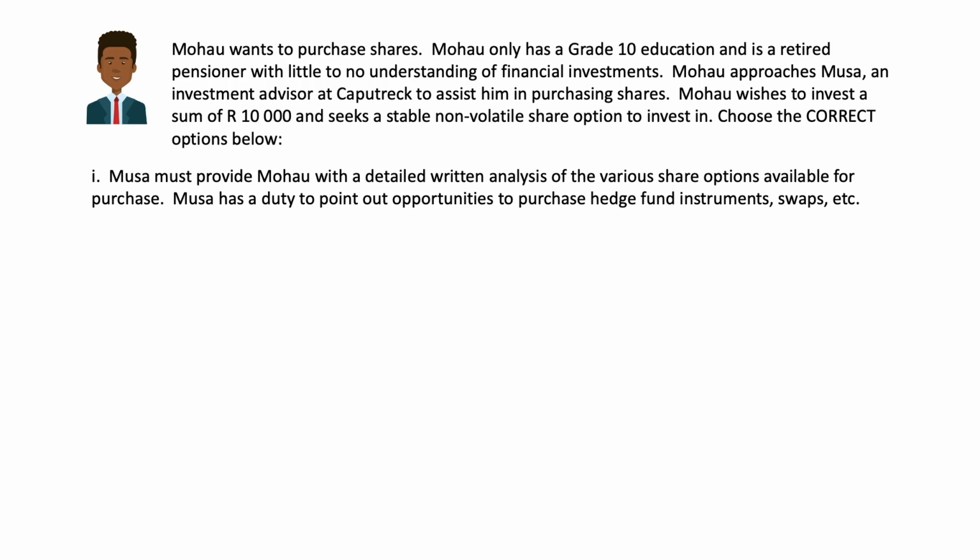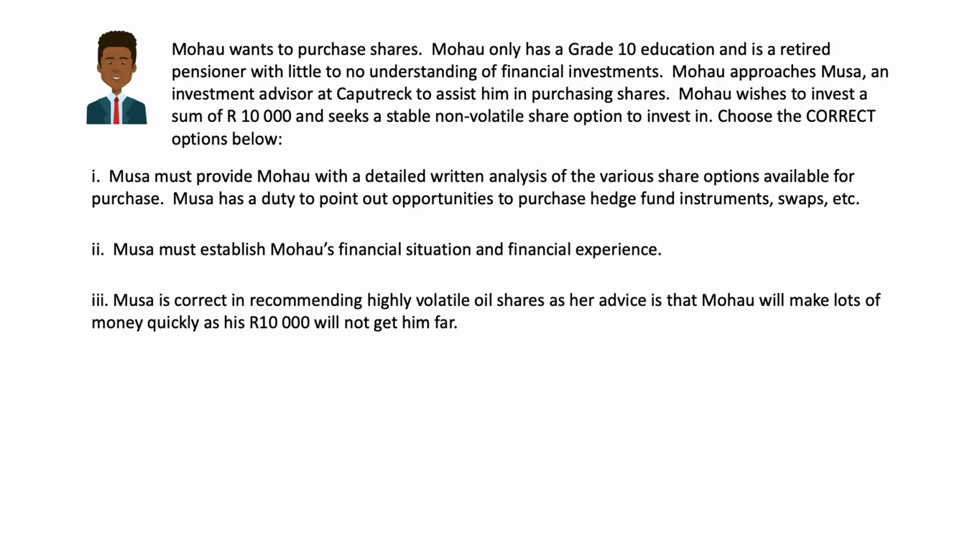1. Musa must provide Mohau with a detailed written analysis of the various share options available for purchase. Musa has a duty to point out opportunities to purchase hedge fund instruments, swaps, etc. 2. Musa must establish Mohau's financial situation and financial experience. 3.